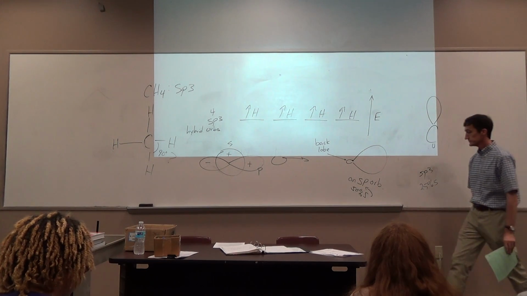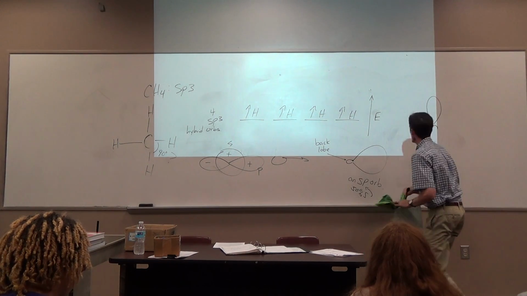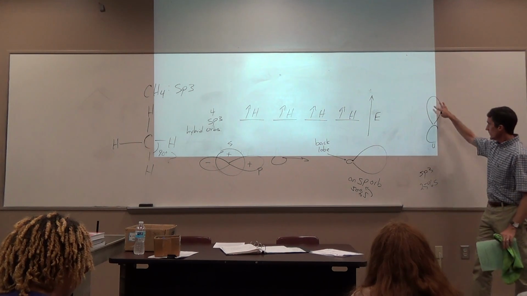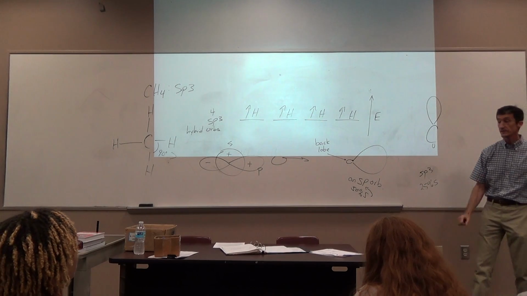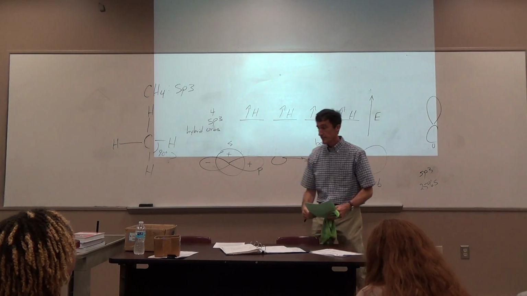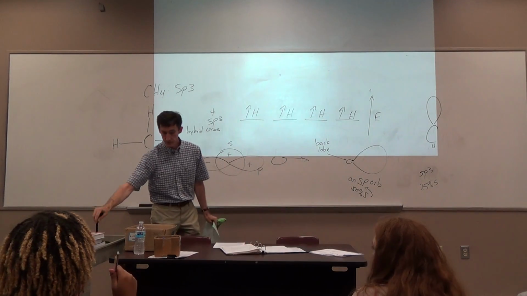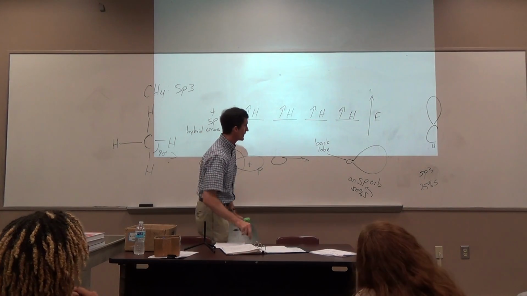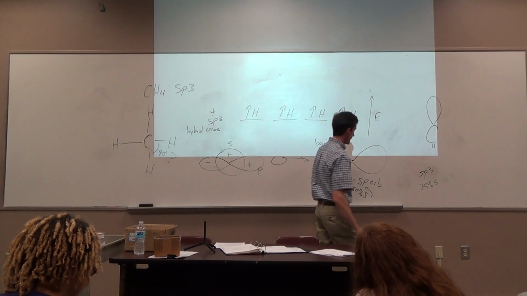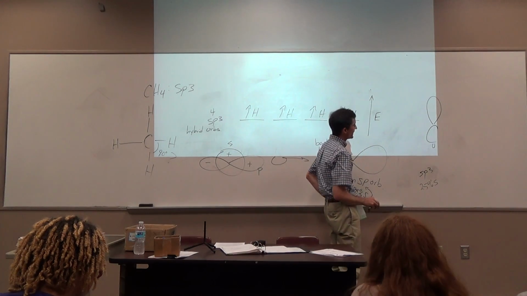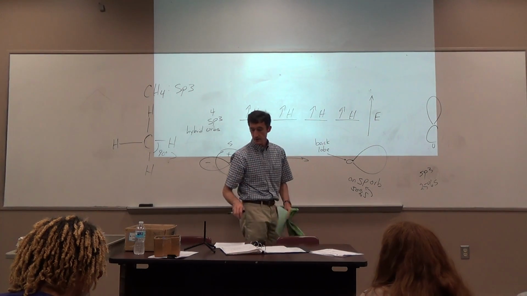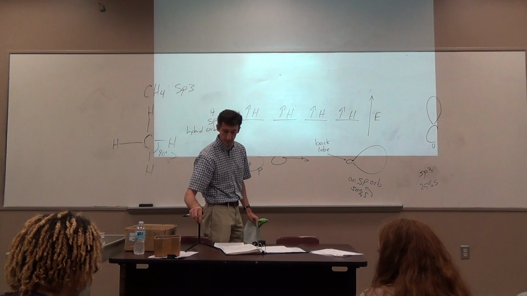Back lobe. How are these orbitals spread out around the carbon? Tetrahedral. What does that mean? Well, here's tetrahedral here. Tetrahedral, we'll say this many times, is going to be 2 in the plane, 1 forward, 1 back.